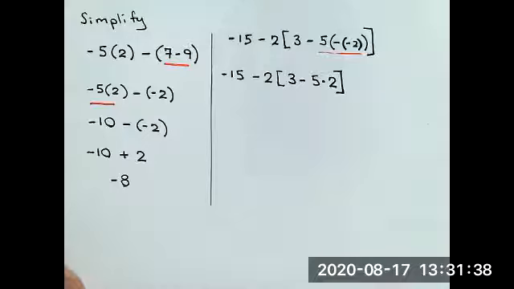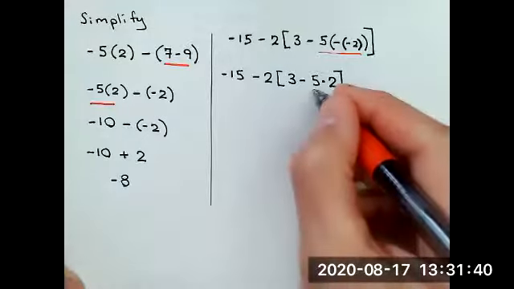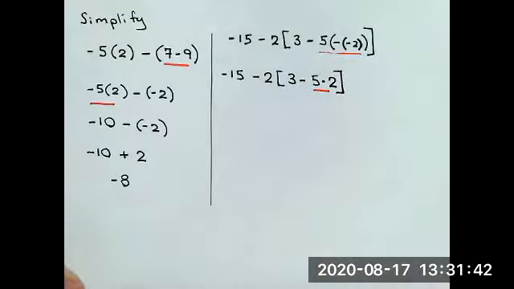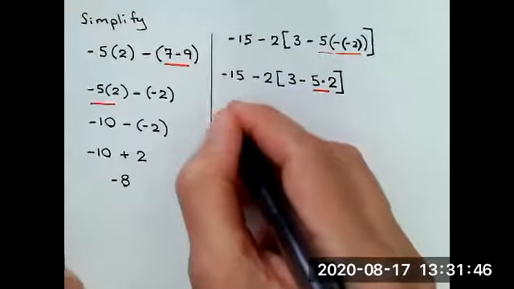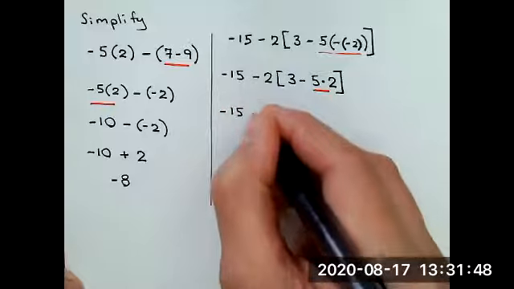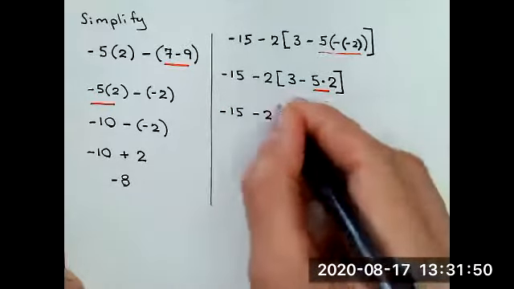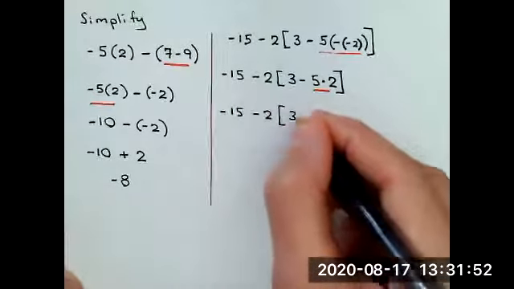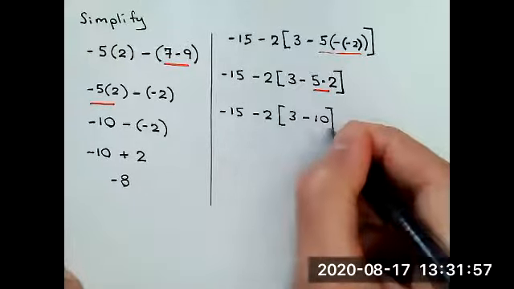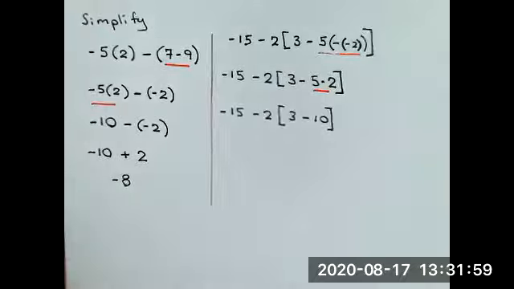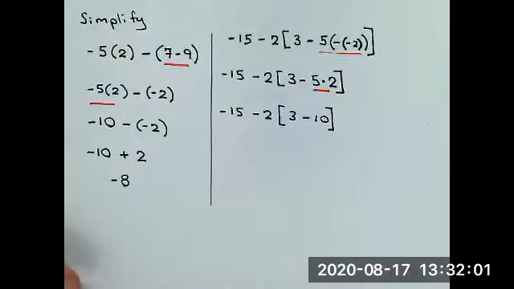And then inside the parentheses, we want to multiply next. We have negative 15 minus 2, 3 minus 10.